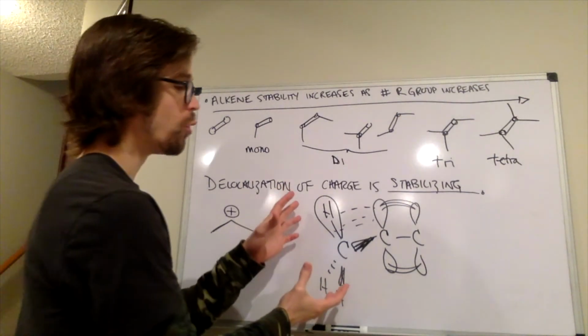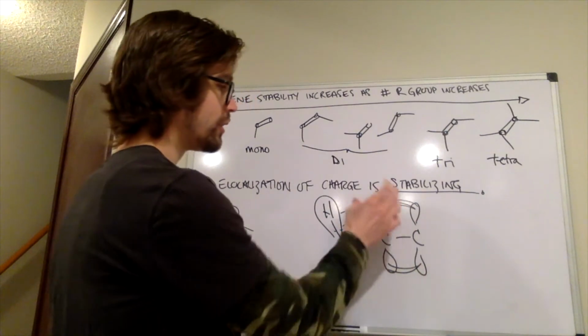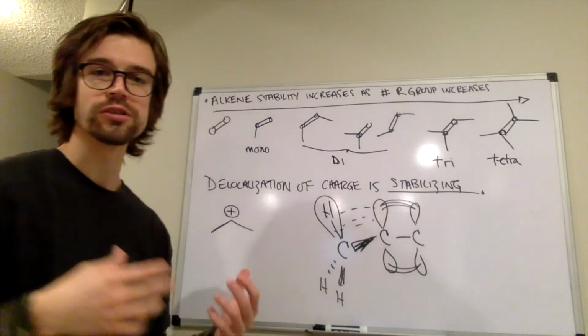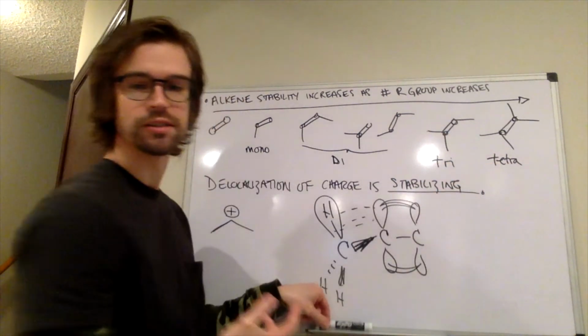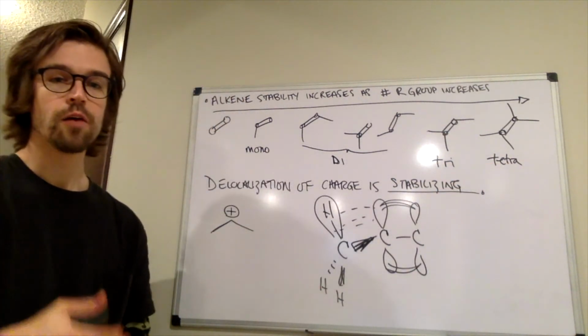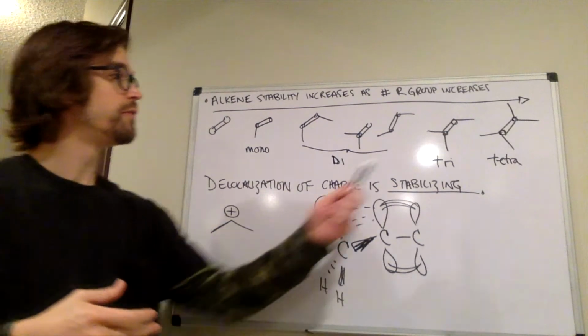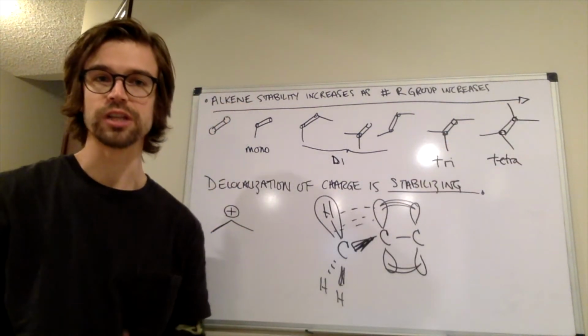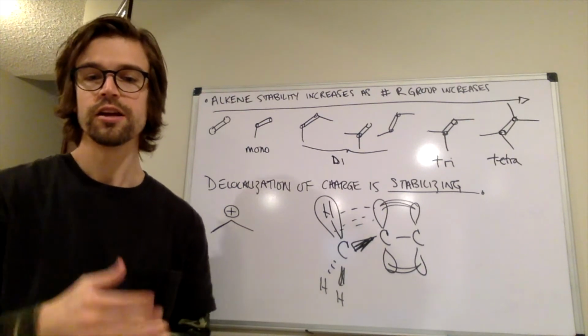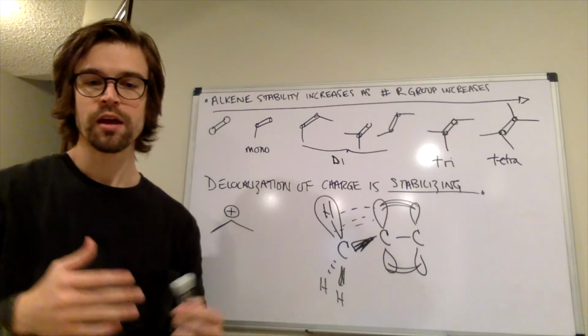So the more groups we have around that pi bond, the more stable the molecule becomes. If you imagine the tetra-substituted example on the top right, we're going to have 4 different methyl groups that could do that delocalization, and that stabilizes the alkene to a great extent.